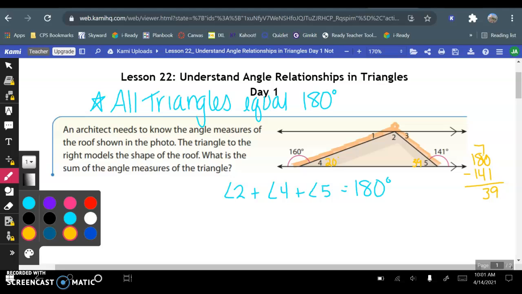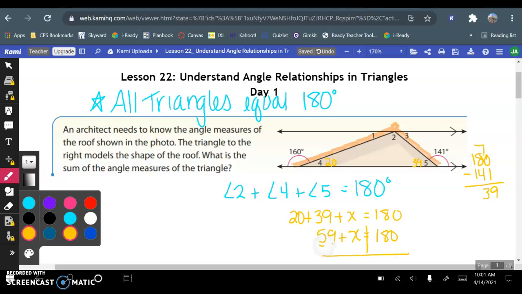Now, because I have two angles, I can figure out the third one. So 20 plus 39 plus x, which would be angle 2, is going to equal 180 degrees. 20 plus 39 is 59.